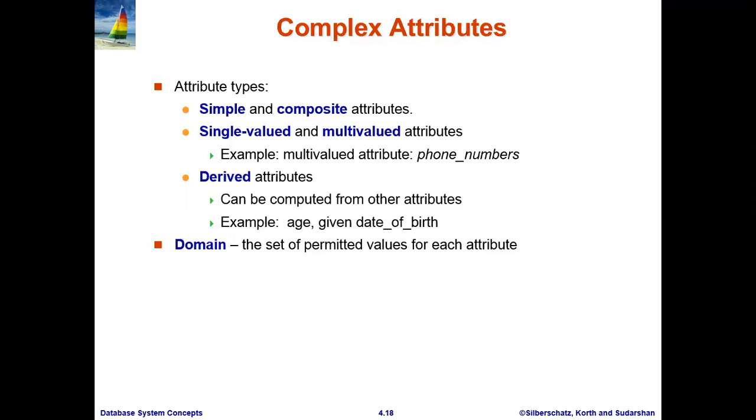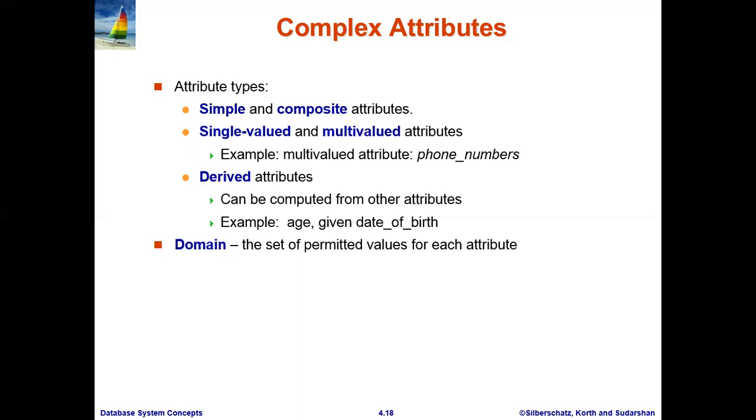Relations are stored in the form of tables, and a table contains rows and columns. And these columns are called attributes. So these are nothing but properties of your entities. These attributes are again divided into different types.